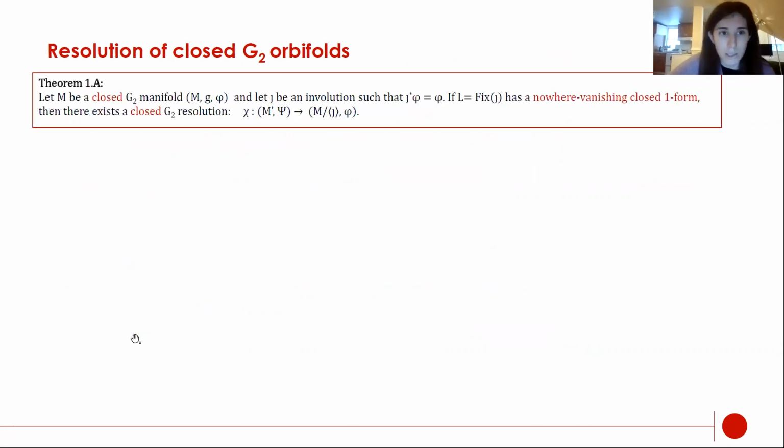For doing the resolution, we have two theorems.